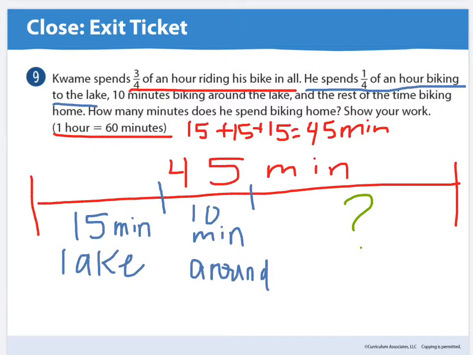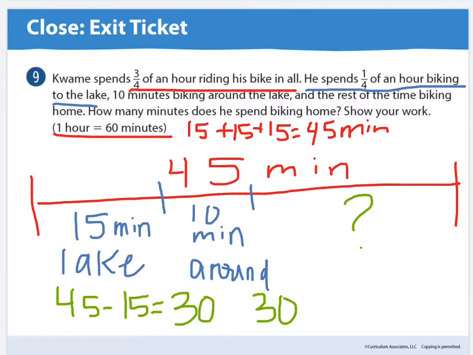So we need to take this 45 minutes, take away our 15 minutes, which would give us 30 minutes. Then take our remaining 30 minutes, take away the 10 minutes it took him to ride around the lake, which would give us 20 minutes. So he spends 20 minutes of the 45 minutes riding home.